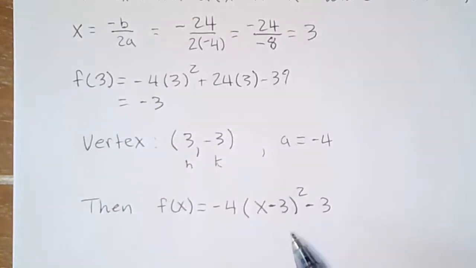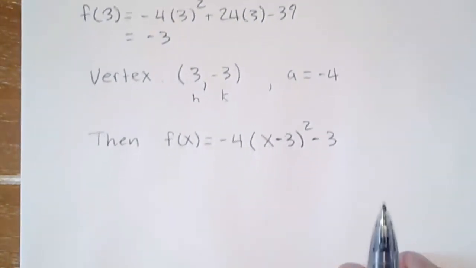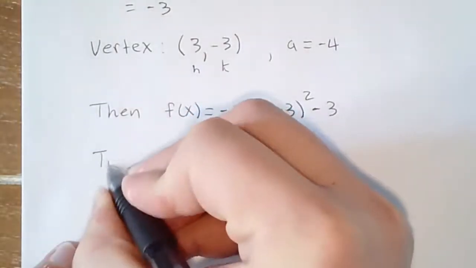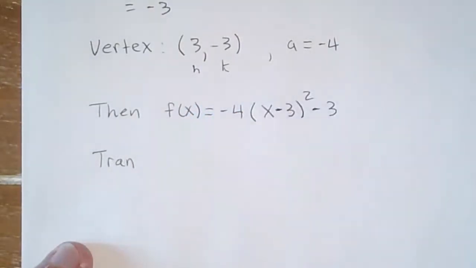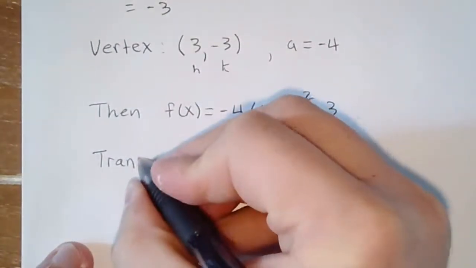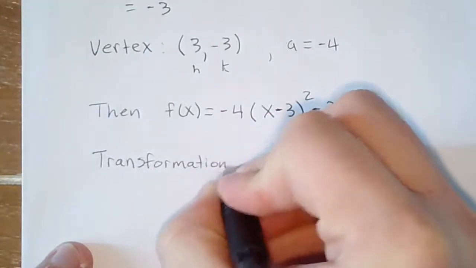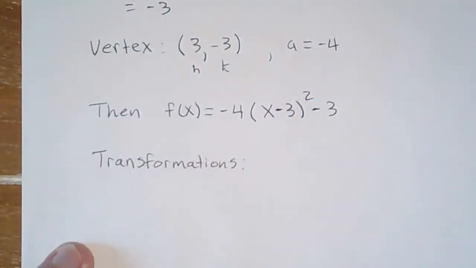The next thing that we need to look at is the transformations. So what kinds of transformations happened when I consider what the parent function x squared looks like? I'm going to work inside out here.